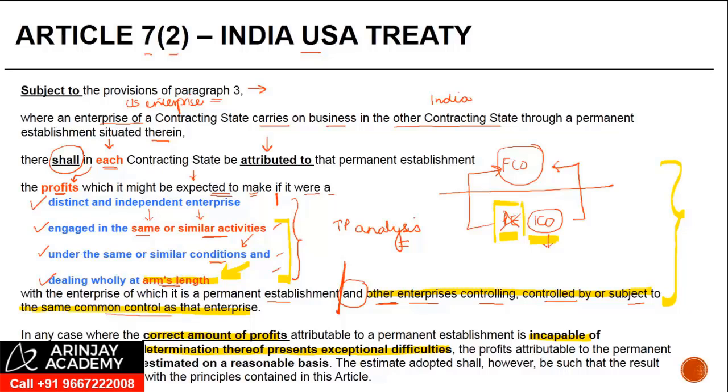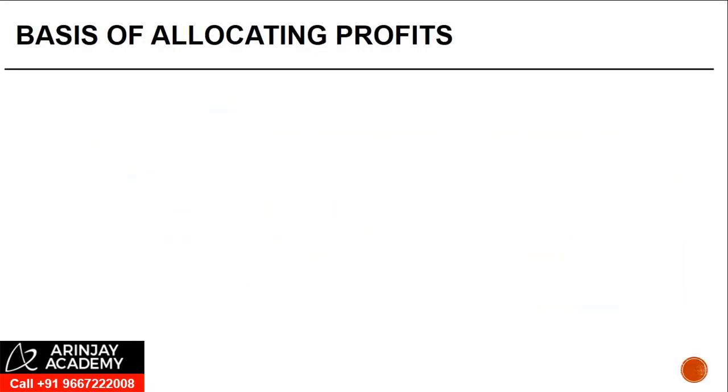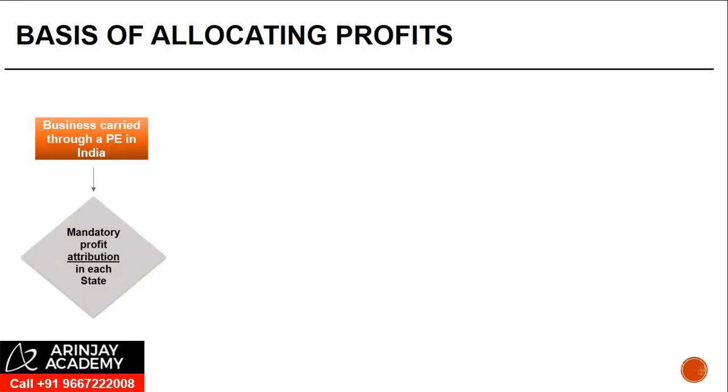And this fiction to treat PE as a separate entity is only for the purpose of Article 7. But once applied, it not only applies to the profits of the PE, but it also applies to any profits which are attributed to the PE by virtue of application of force of attraction clause that we discussed earlier. So what is the basis of allocating profits? First thing is identify if a business is carried on through a PE in India.